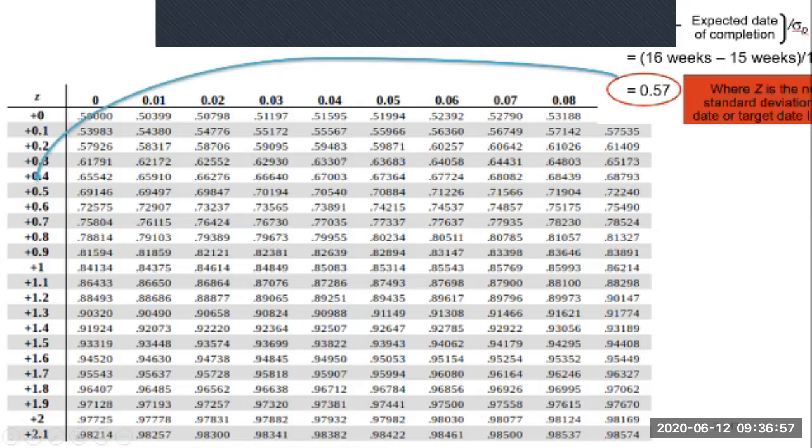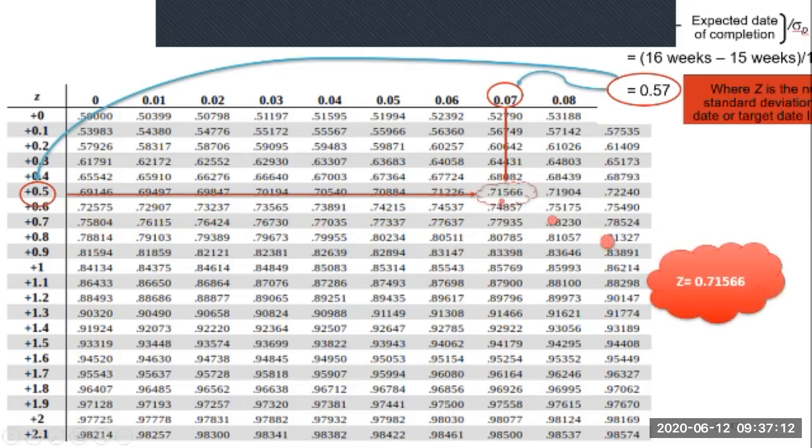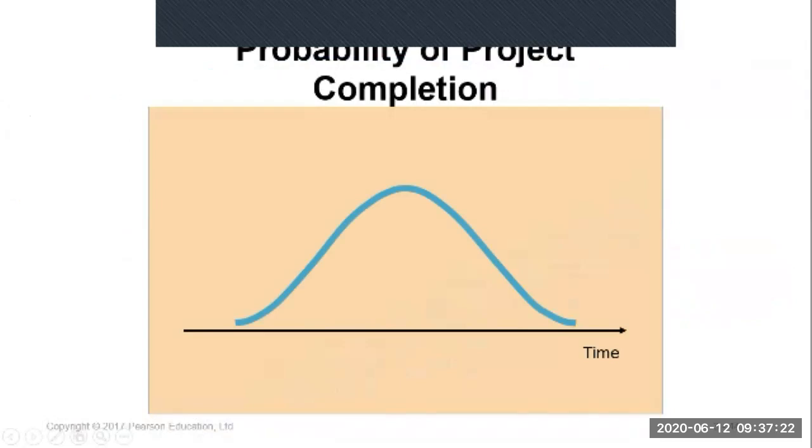We see 0.5 here and 0.07 here. So the value is 0.7157.